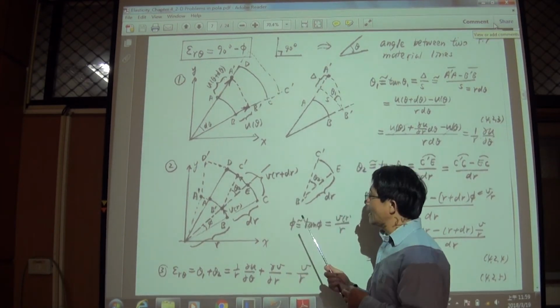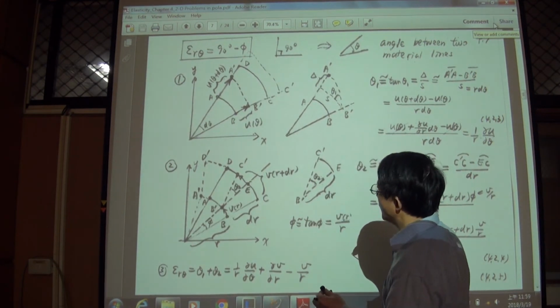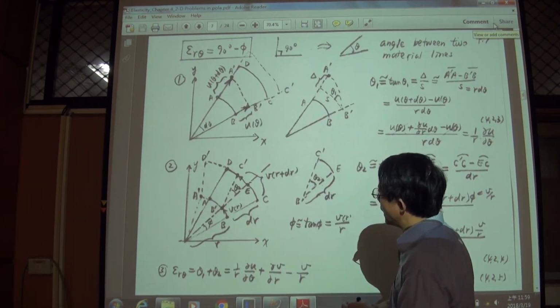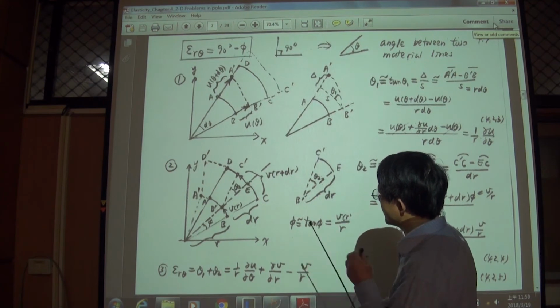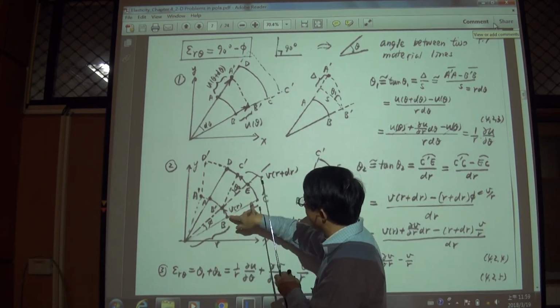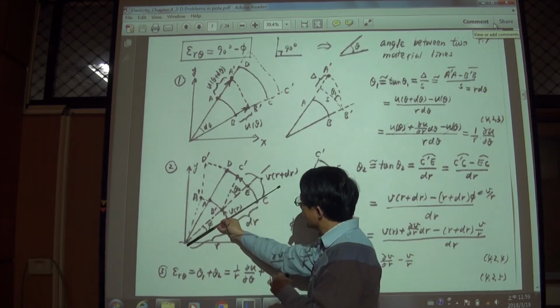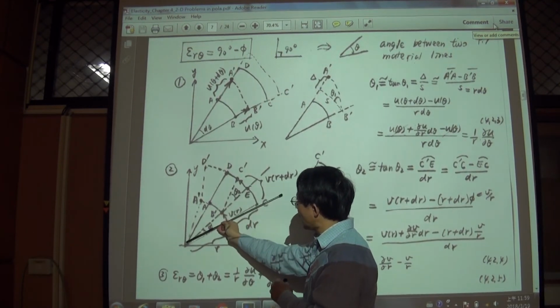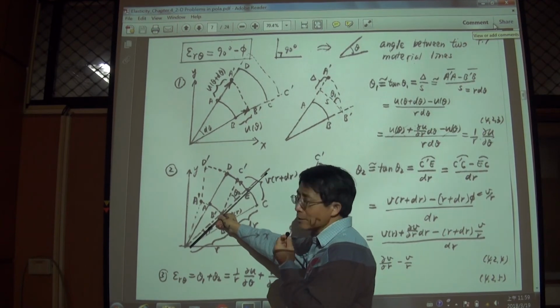Be very careful. To compute the shear angle, we must have this kind of concept. If this material line BC moves just in this way, a lateral way, then there is no shear strain.